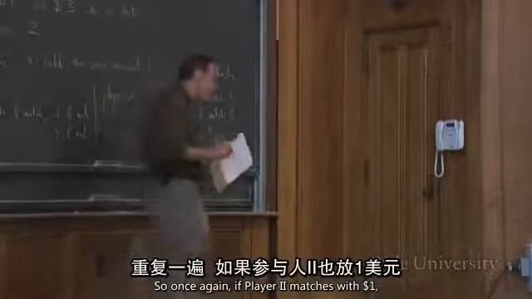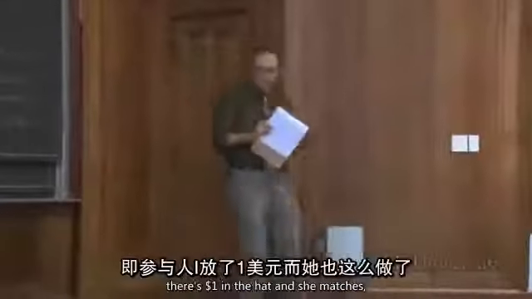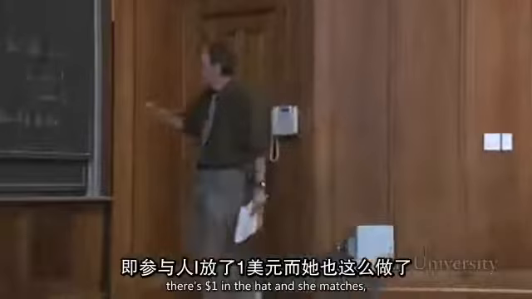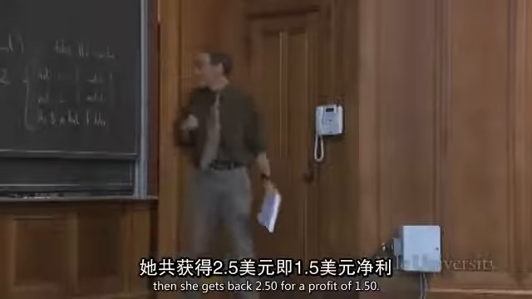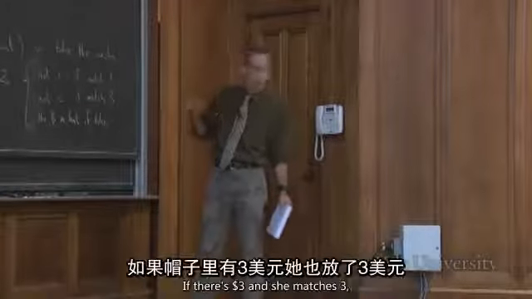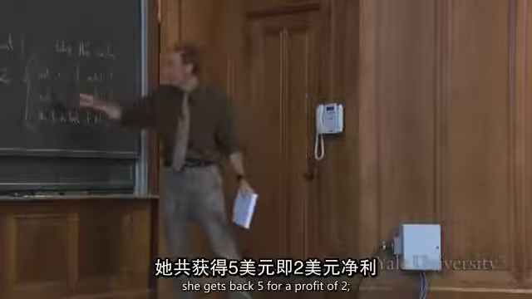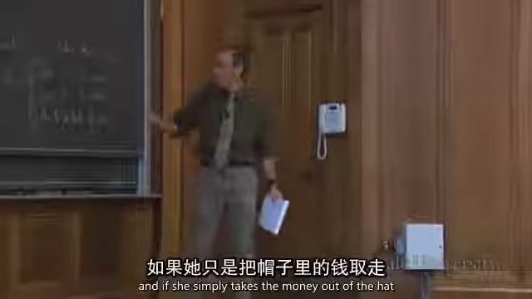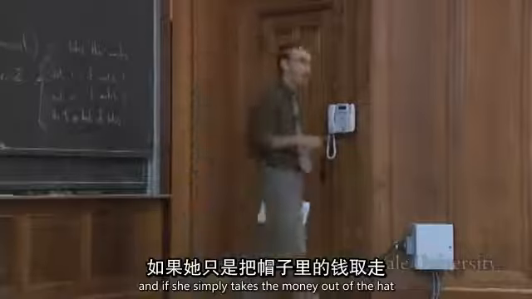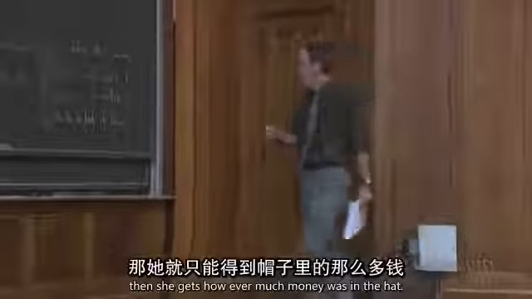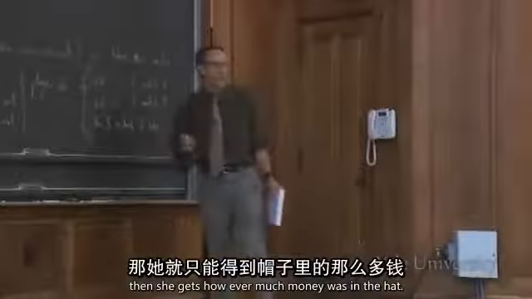So once again, if there's $1 in the hat and she matches, she gets back $2.50 for a profit of $1.50. If there's $3 and she matches 3, she gets back 5 for a profit of 2. And if she simply takes the money out of the hat and puts it in her pocket, she gets however much money was in the hat.